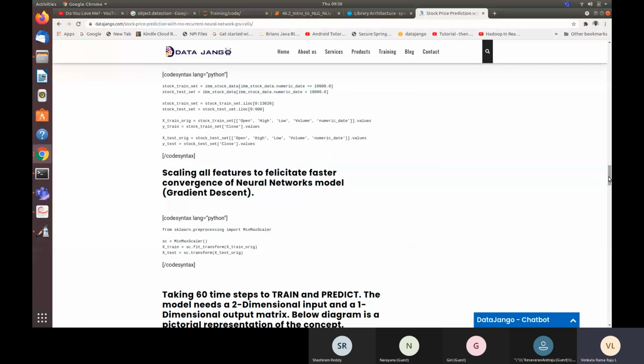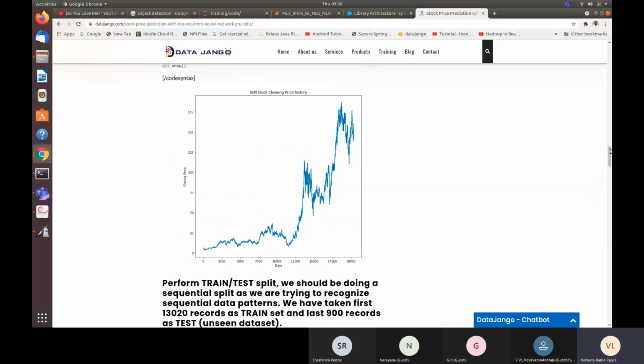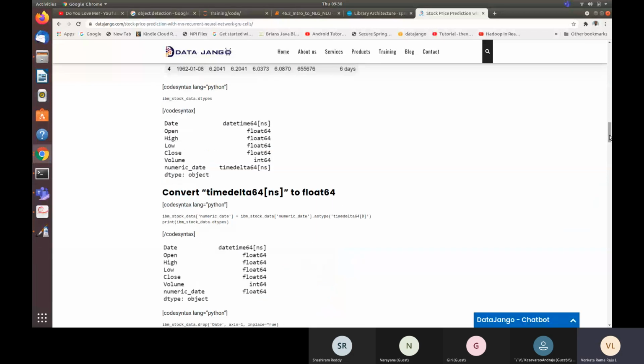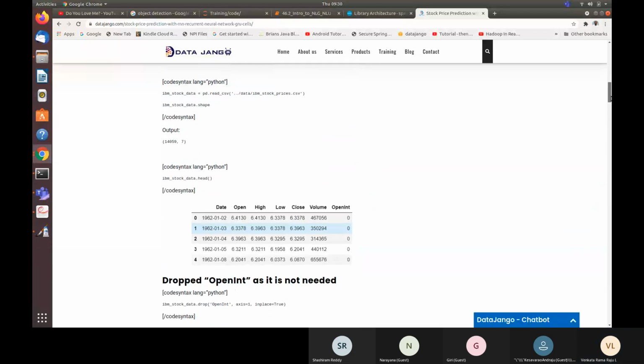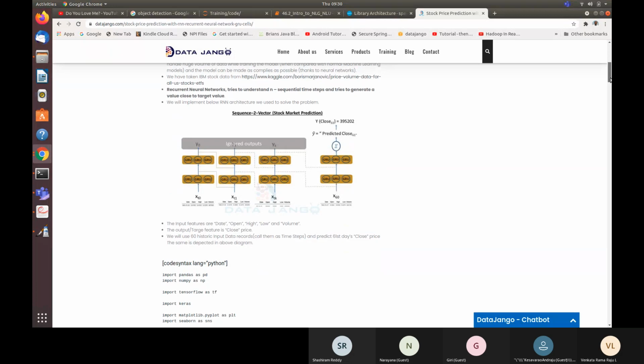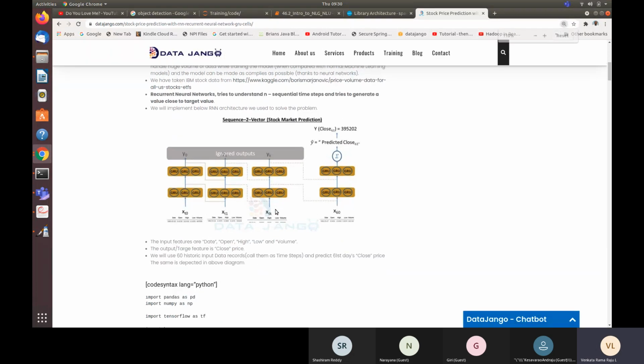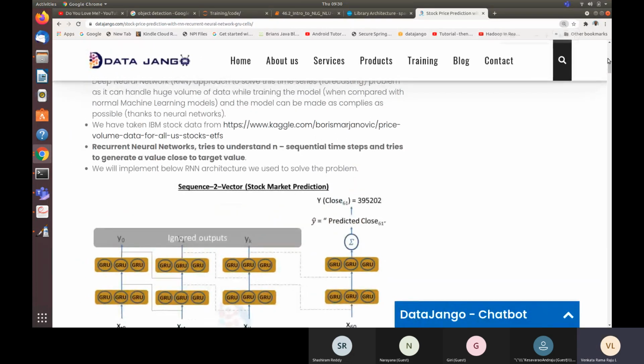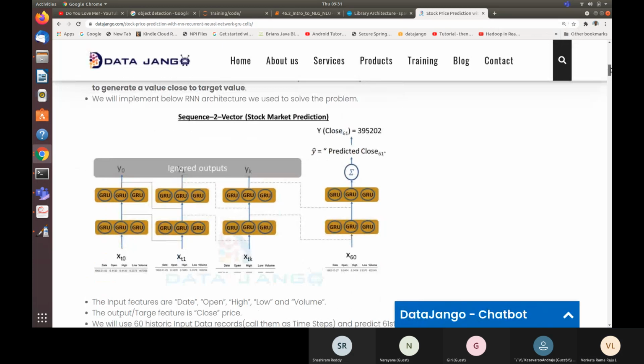So here, if you look at this diagram, you'll understand now. Let me expand it. See that? I am passing the first time step, second time step, third time step. In each RNN cell, there are multiple GRU nodes, multiple layers.